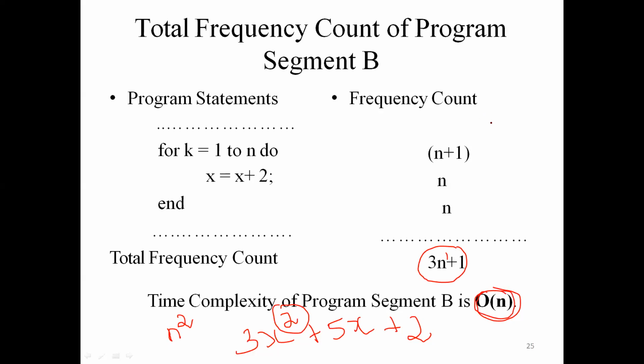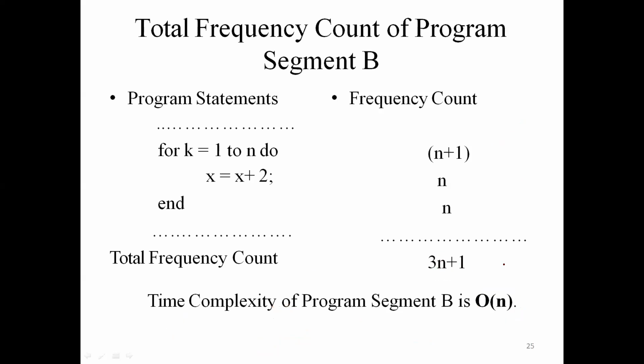It does not mean that if I'm giving a 5 input size, it is only 5. It can be like this: 3 into 5, how much? 3 fives are 15 plus 1, that is 16, right? So if I give 5, the answer is 16 for this. But the order of the complexity is what? Order of n.